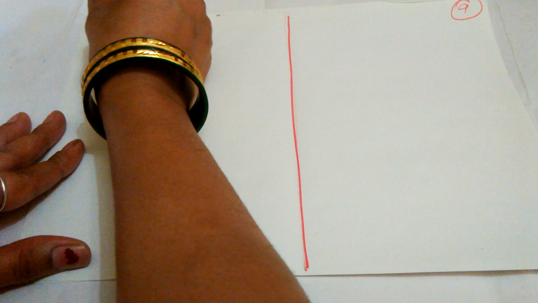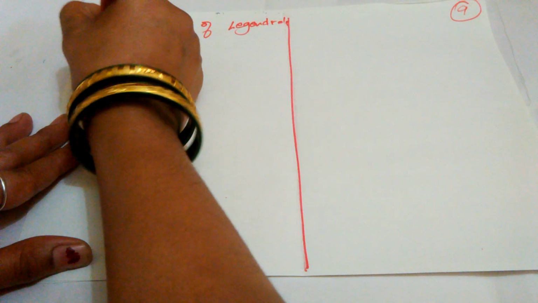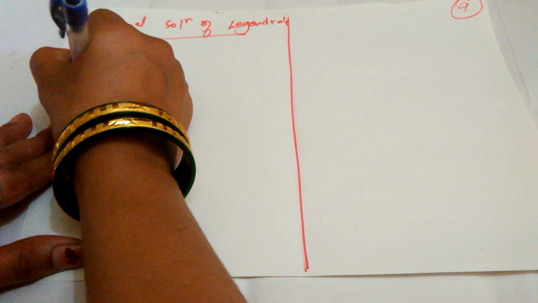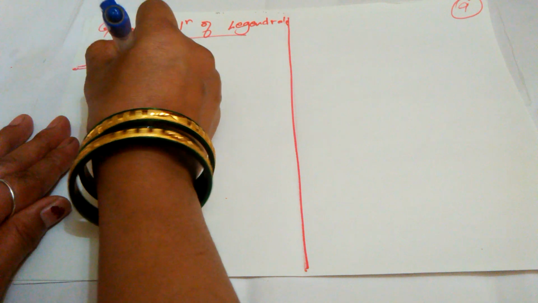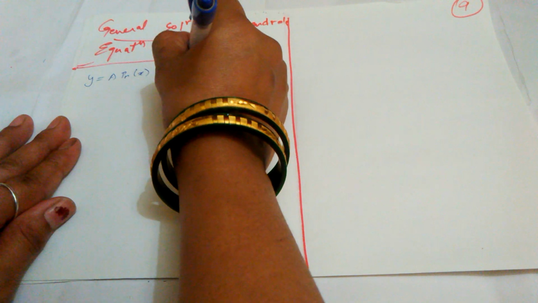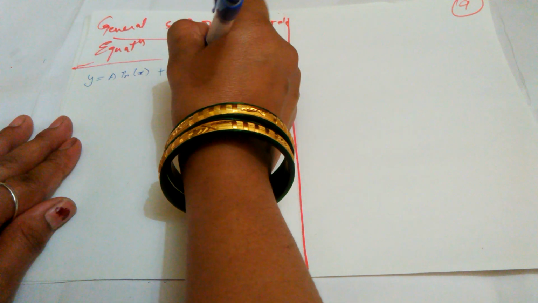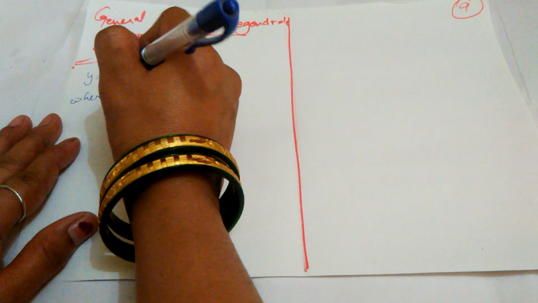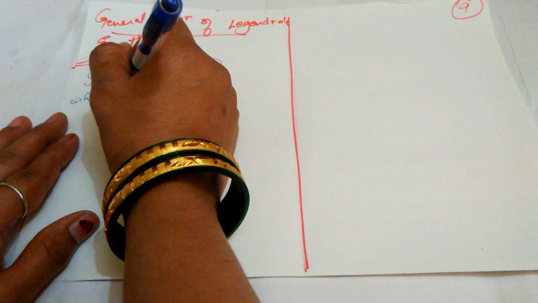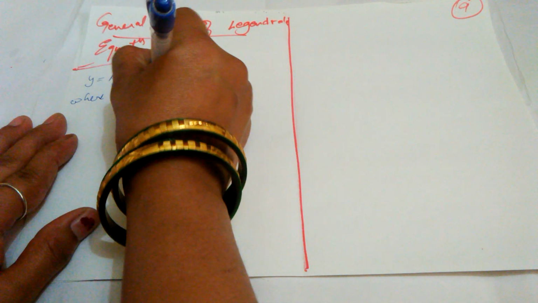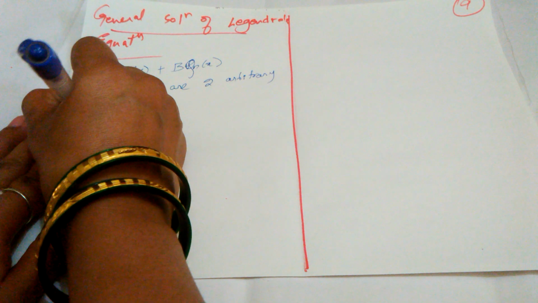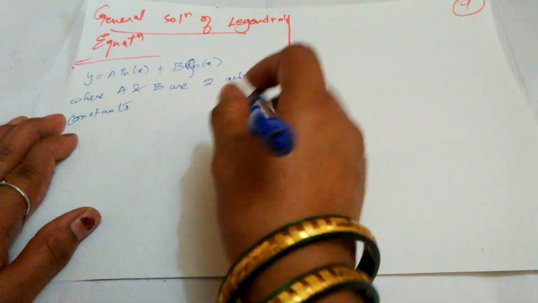So the general solution of Legendre's equation is y equal to a of p of n into x plus b of q of n into x, where a and b are two arbitrary constants. I'll just give you the simple form.